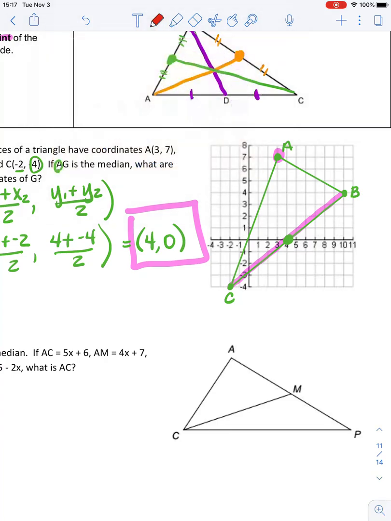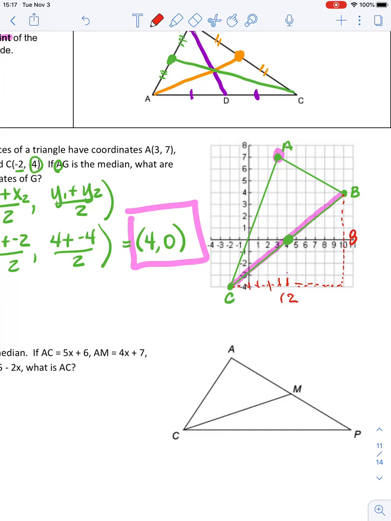Now, I could have also gotten that by looking at it on the grid. So if you look from C to B, if I want the midpoint, I could have looked at it and kind of seen where the middle was. I could also have done this. So it's 1, 2, 3, 4, 5, 6, 7, 8, 9, 10, 11, 12. So this side is 12. And this side is 8. So halfway would be over 6. 1, 2, 3, 4, 5, 6.